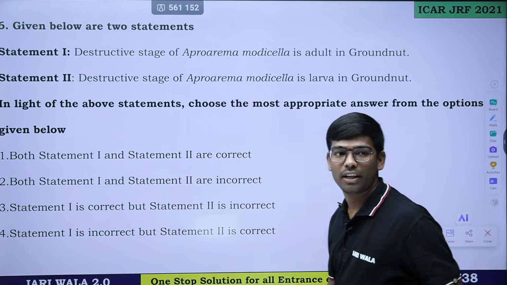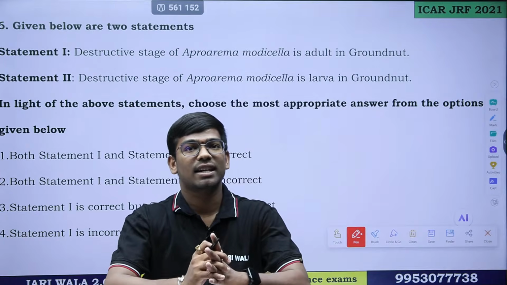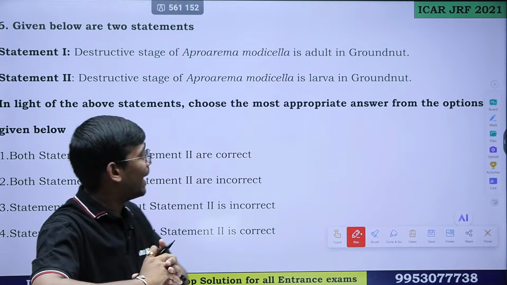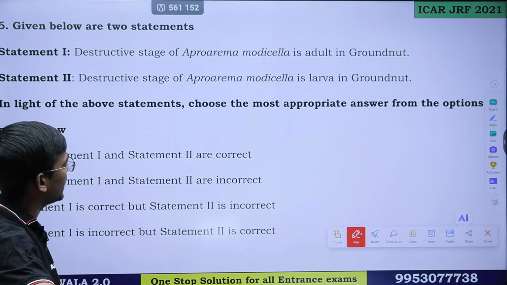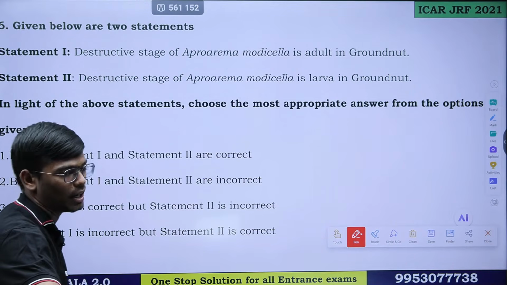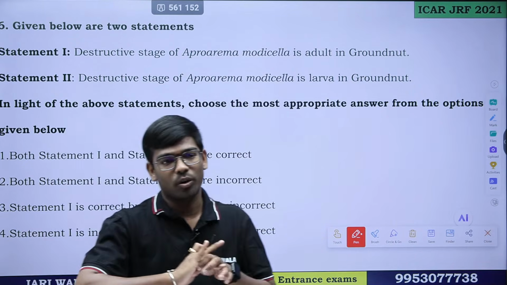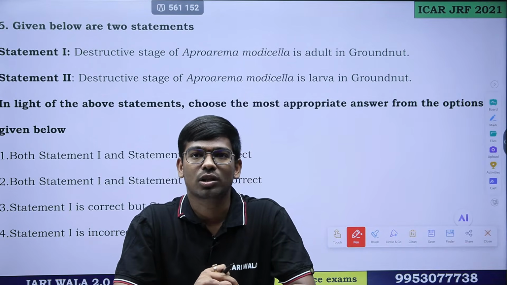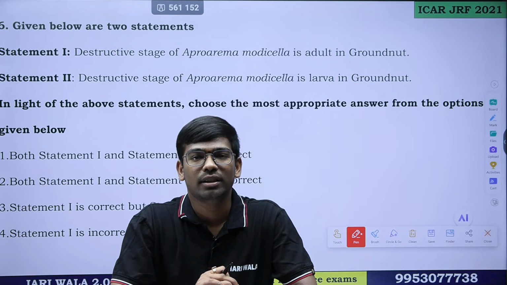Here we can see the 2 statements. One is the destructive stage of Aproaerema modicella is adult in groundnut, and statement 2, destructive stage of Aproaerema modicella is larva in groundnut. So we know Aproaerema modicella is the groundnut leaf miner or soybean leaf miner. Anything?